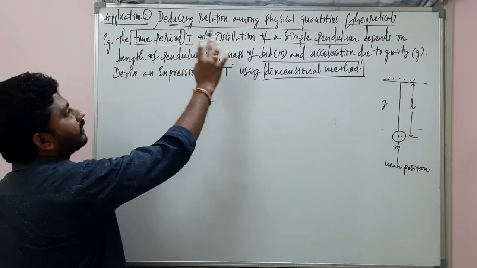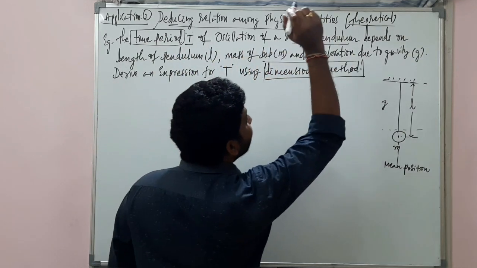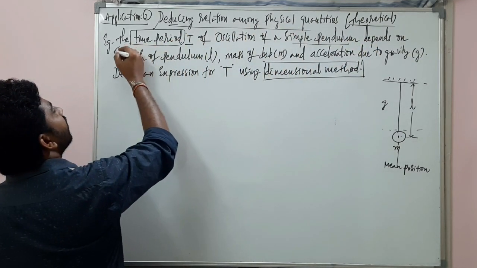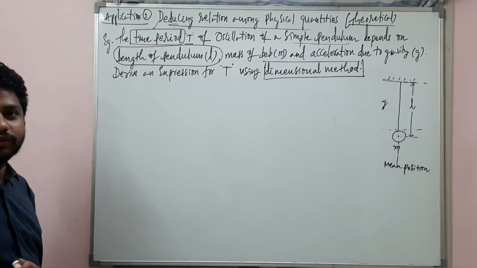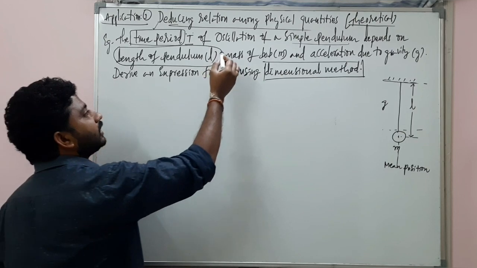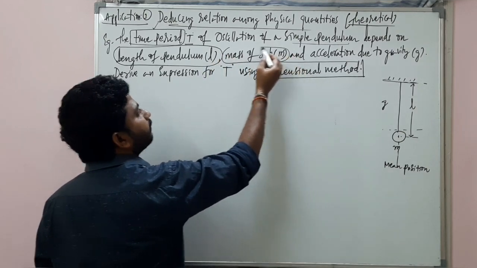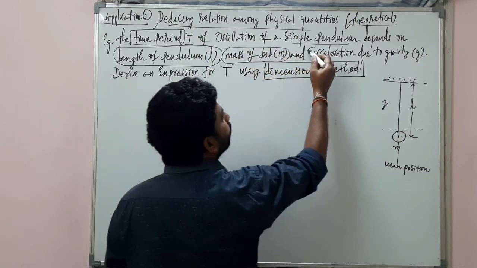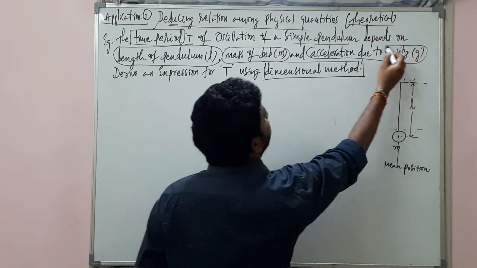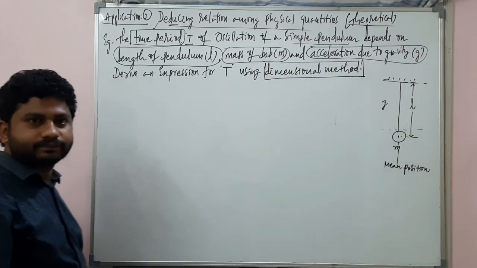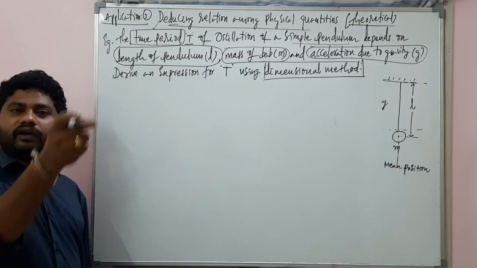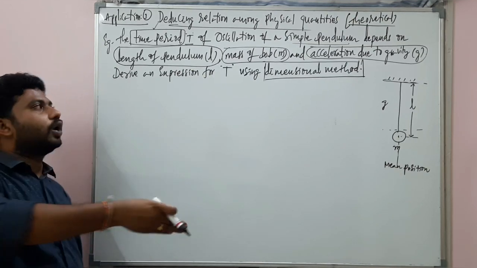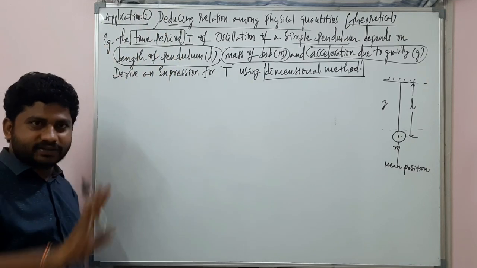The time period of oscillation of a simple pendulum depends on the length of the pendulum, the mass of the bob, and the acceleration due to gravity. So the question is, the time period of a simple pendulum depends on all these three factors.